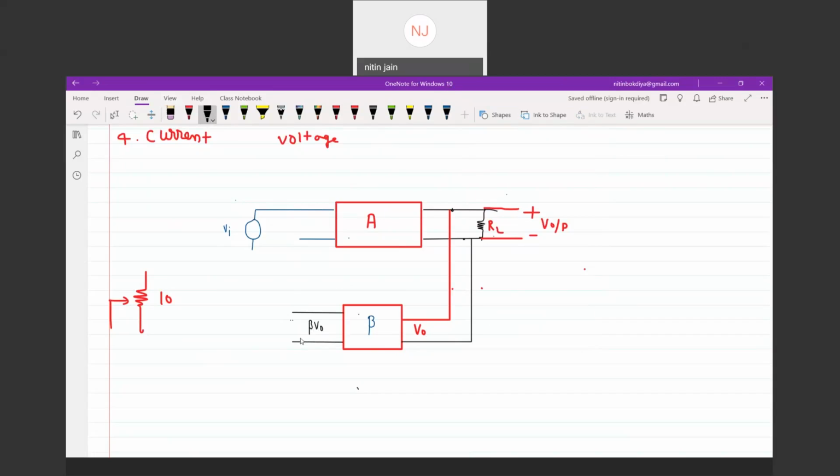Now we want to mix the voltage. What is the idea for mixing the voltage? If you want to add two voltage sources, you add them in series. So we will add in series.